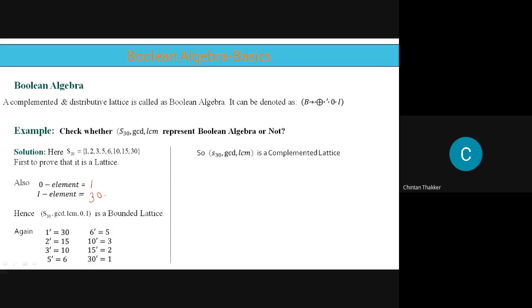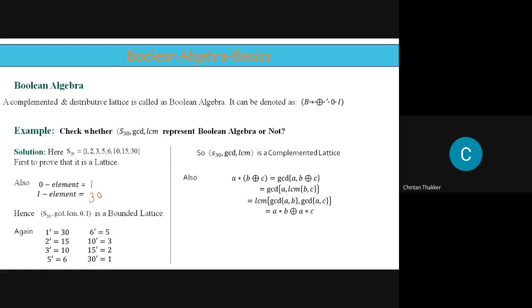Now you have to check the distributive property. For the distributive property, we have A star (B ring sum C) equal to GCD of A comma (B ring sum C), where B ring sum C means LCM of B comma C. So we know that GCD of A comma LCM of B comma C is the LCM of GCD of A comma B and GCD of A comma C. That means we have (A star B) ring sum (A star C).